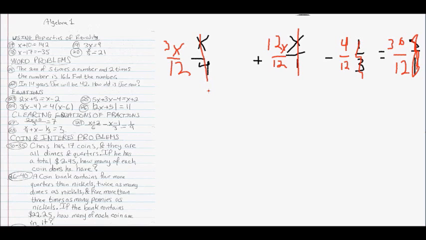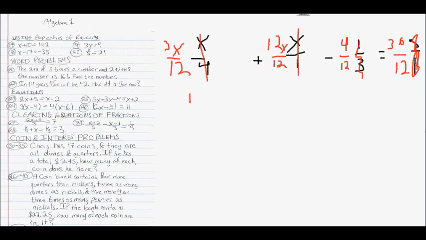3x plus 12x is 15x. Hold on, I just want to make sure I didn't make a mistake.